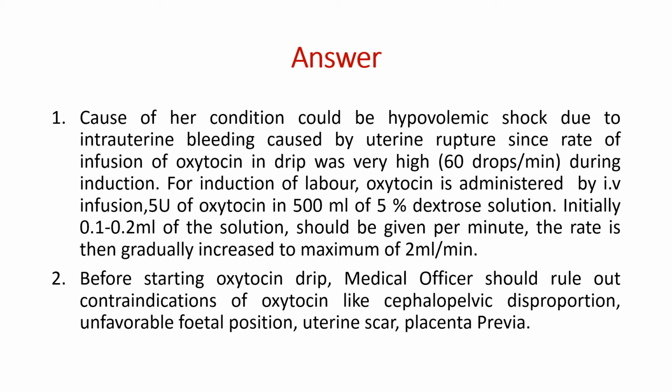Initially 0.1 to 0.2 ml of the solution should be given per minute. The rate is then gradually increased to a maximum of 2 ml per minute. Before starting the oxytocin drip, medical officers should rule out contraindications of oxytocin like cephalopelvic disproportion, unfavorable fetal position, uterine scar, and placenta previa.